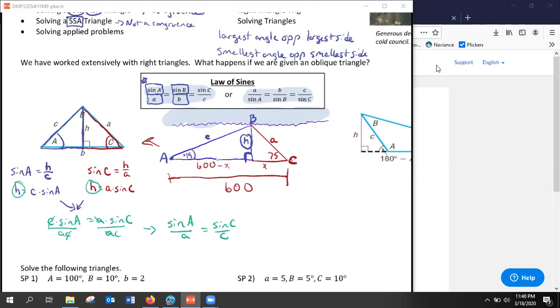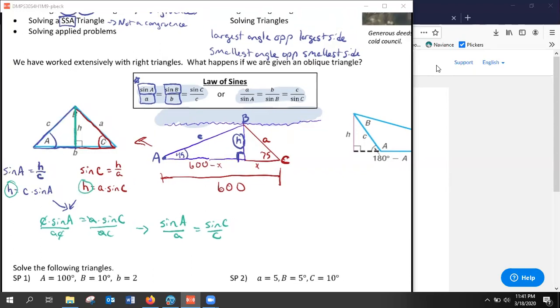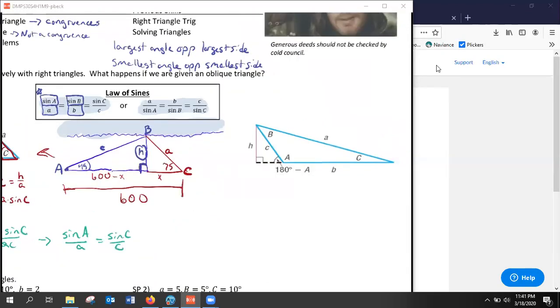So a lot of people at this point ask, well, what happens if this height does not lie inside of the triangle, which is why we have the situation over here. Let me go ahead and redraw that. This is the red triangle.